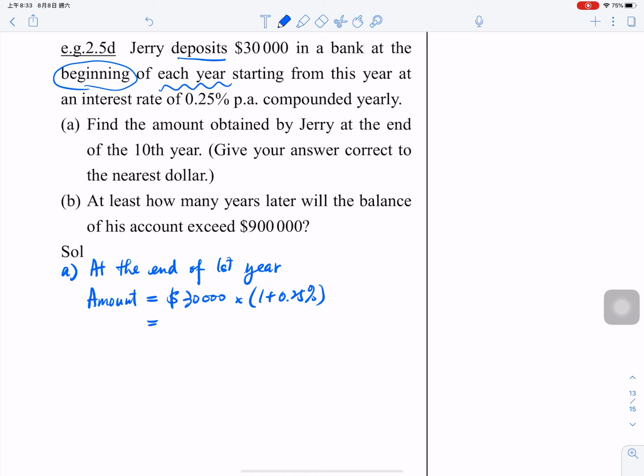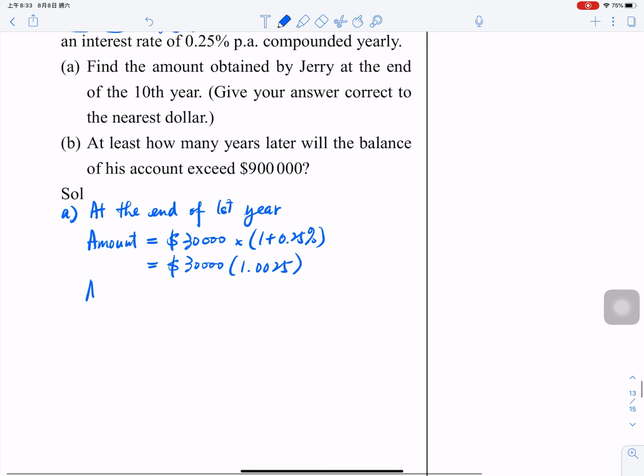So you can write as $30,000 times 1.0025 like this. How about at the end of second year?